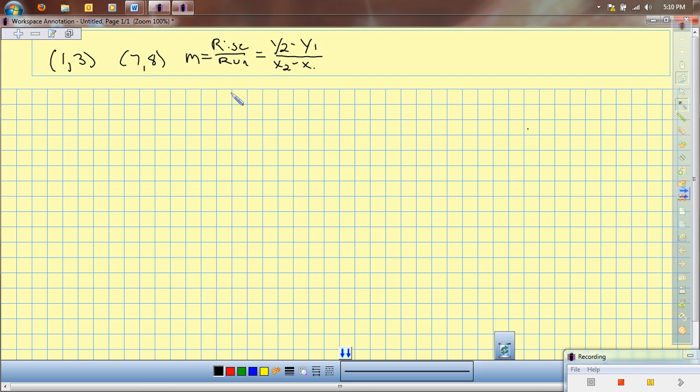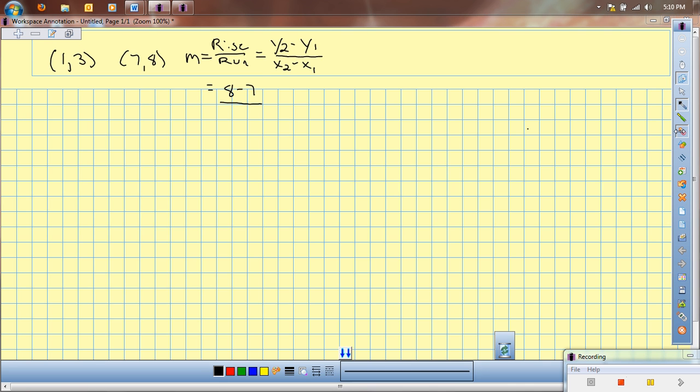And from here on, it simply becomes a matter of filling in the blanks. So the slope equals y2 is this number right here, so we have 8 minus y1, which is 7, divided by our x2, which is, excuse me, I made a mistake.